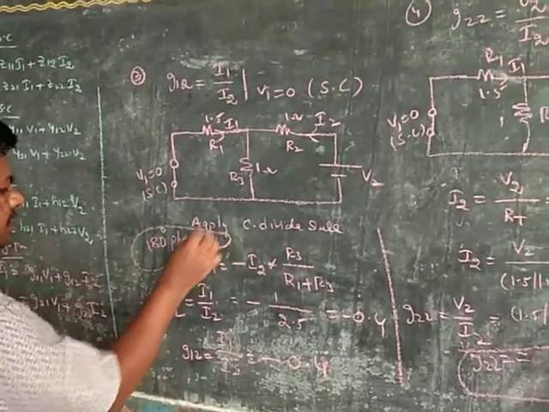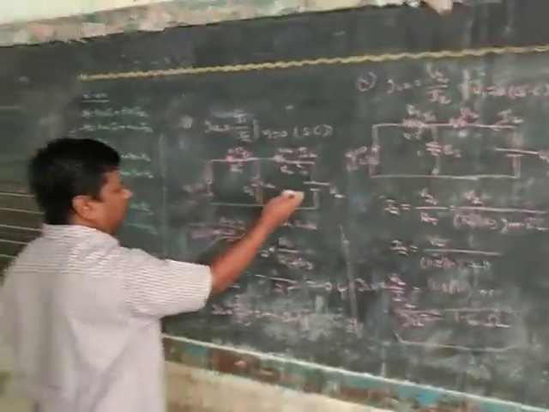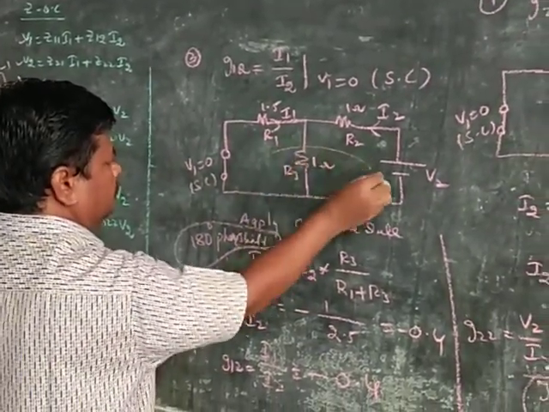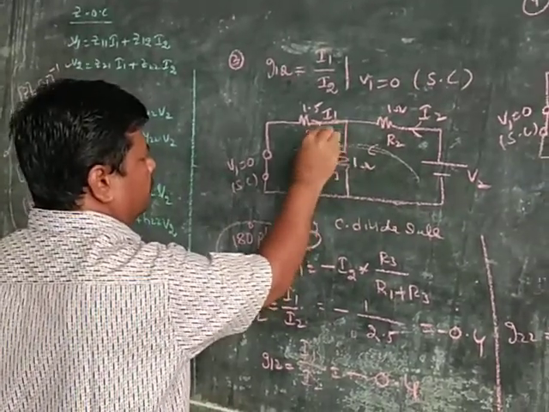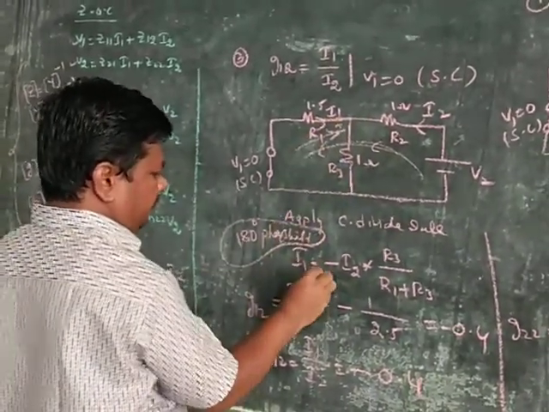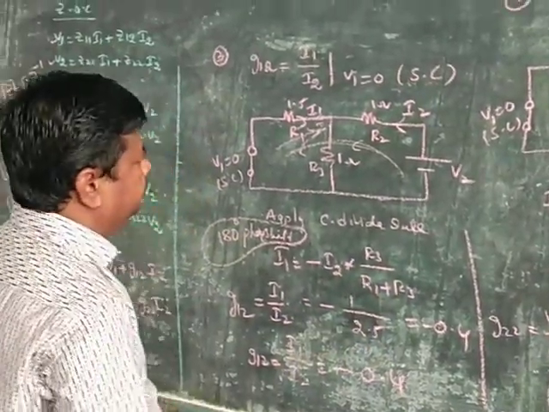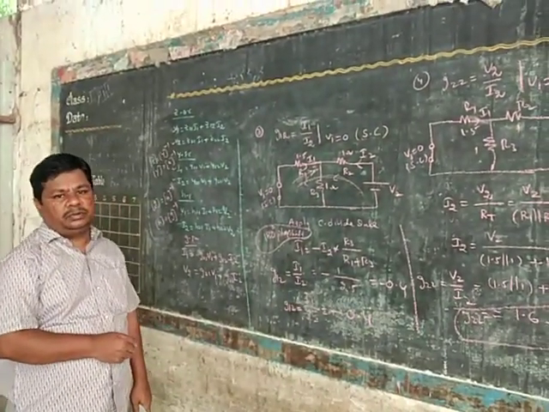Observe here, when V1 is equal to 0, all current flows in this direction only, but the I1 current is opposite. That's why I1 is equal to minus I2 into R3 by R1 plus R3. Like that you have to solve the problems. Okay, thank you.